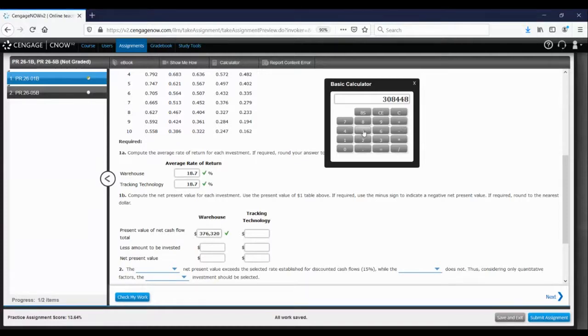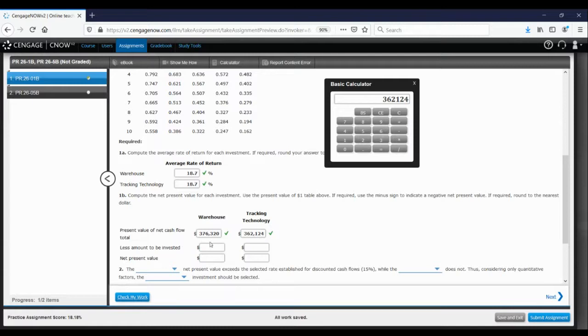And then finally, in the 5th year, 53,676 was the present value amount. So the total amount is going to be 362,124.